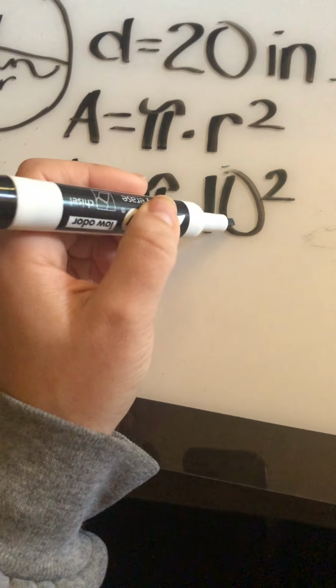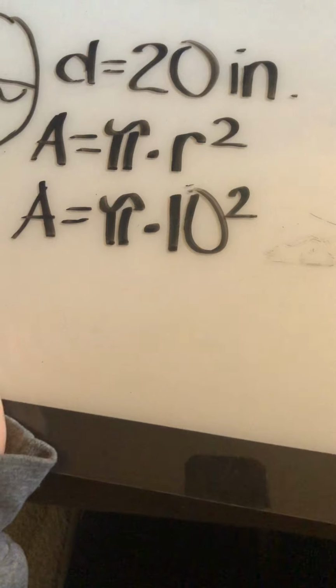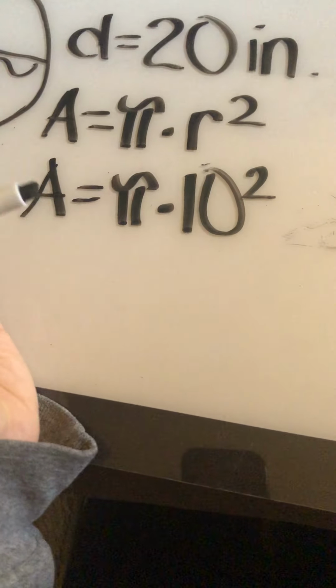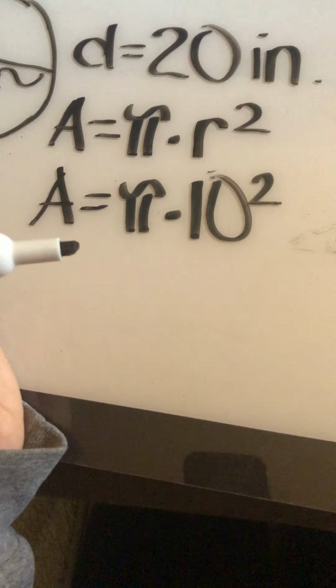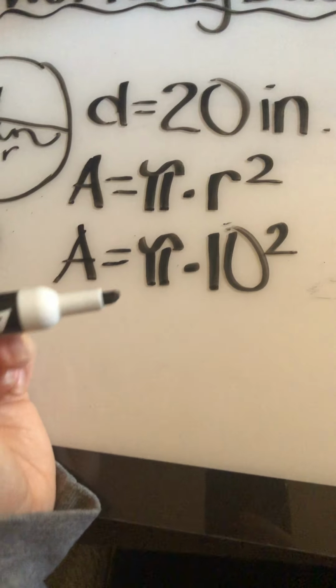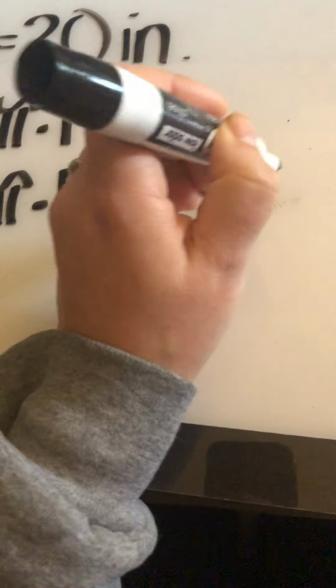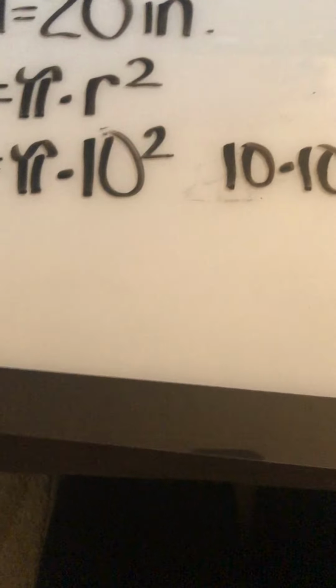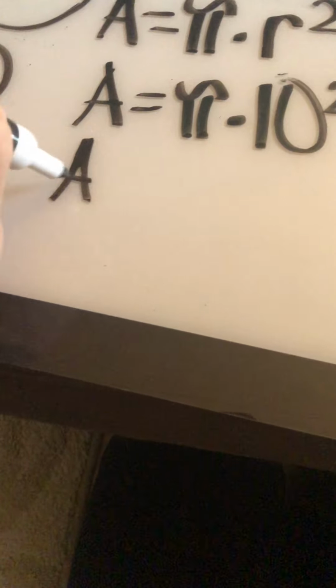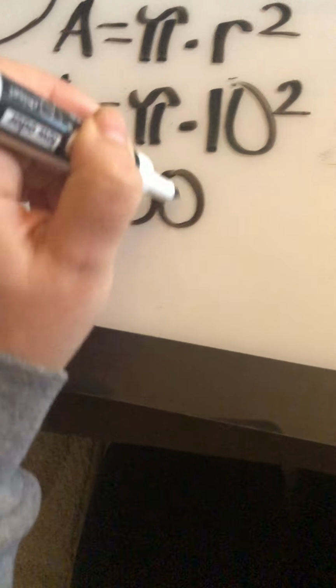So you have to do 10 squared. Again, it is not 10 times 2, which a few of you still did, even though I corrected it in yesterday's video. 10 squared is the same as saying 10 times 10. 10 times 10 is much different than 10 times 2. So we would have area equals 100 pi.